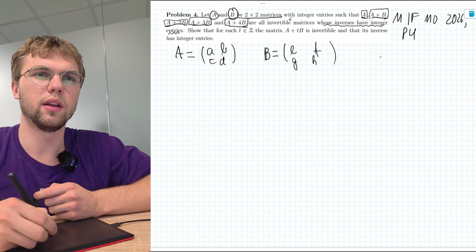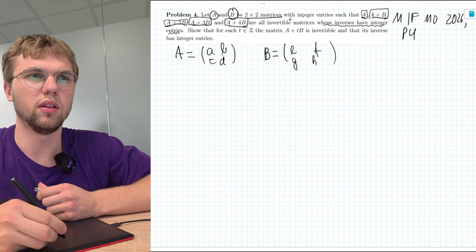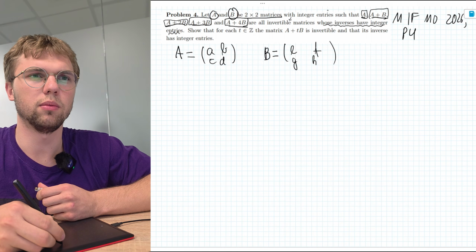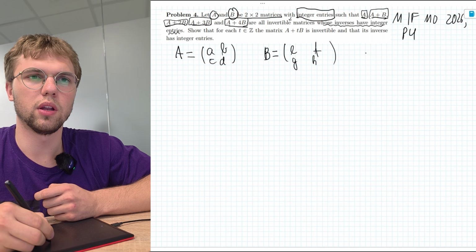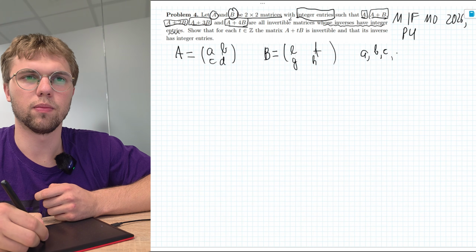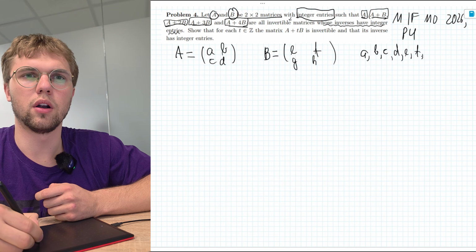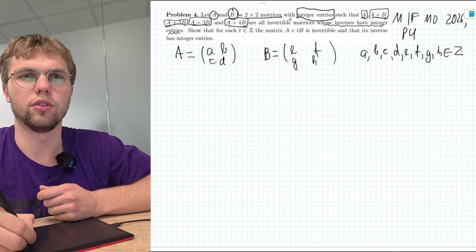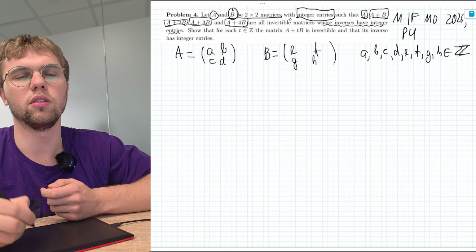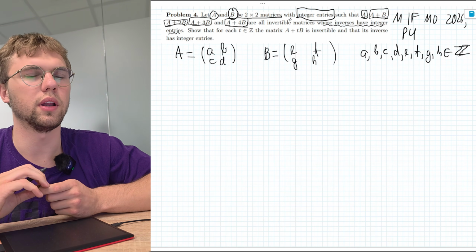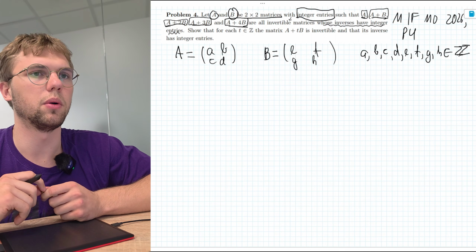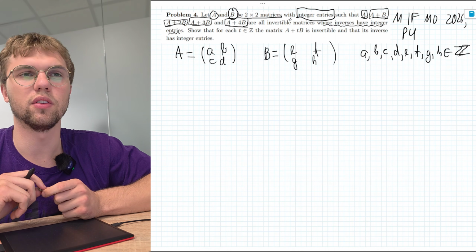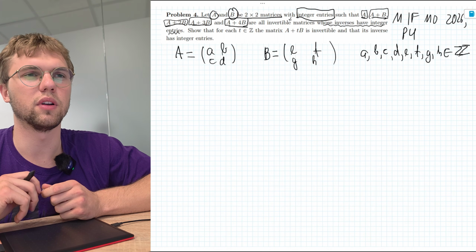And we know that since these matrices have integer entries, all of these numbers are integers. Not necessarily positive, not necessarily negative, maybe even 0, but who cares? That is not given, and we can't really figure this out yet.